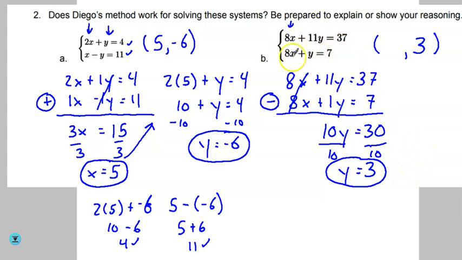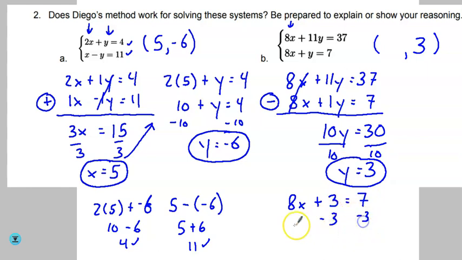Now, when I look back up here, I can plug it back into the top equation or the bottom equation, but it seems like it'll be easier, since it's just a y here, to plug it into the second equation. 8x plus y, which is 3, equals 7.